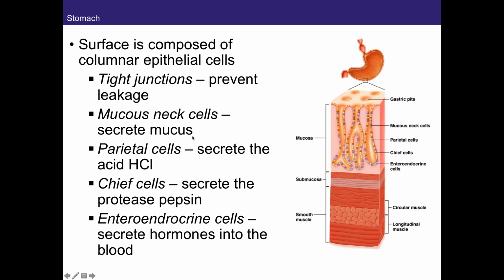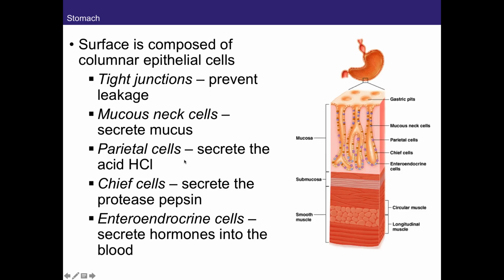So, anyway, that's what's protecting the lining of your stomach, the bicarbonate-rich mucins. Okay, so here's 3 different cell types that you guys need to know. Parietal cells secrete acid. Don't forget that the parietal cells also secrete intrinsic factor.